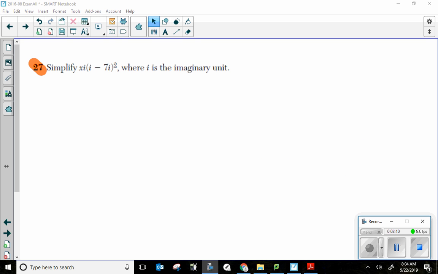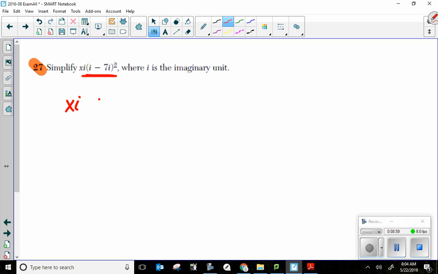Speaking of simple, number 27 tells us to simplify xi times i minus 7i squared, where i is an imaginary unit. All right, let's expand this whole thing out and kind of see what we can do with it. This xi I'm going to leave alone. The first thing I'm going to do is FOIL this. If I have i minus 7i, okay, actually, I'm not even going to FOIL it.